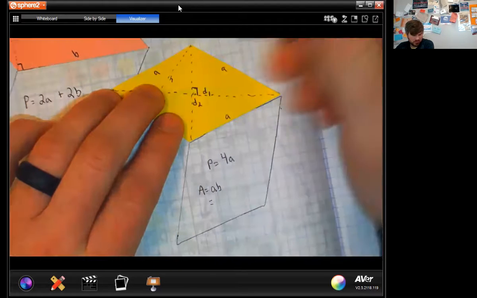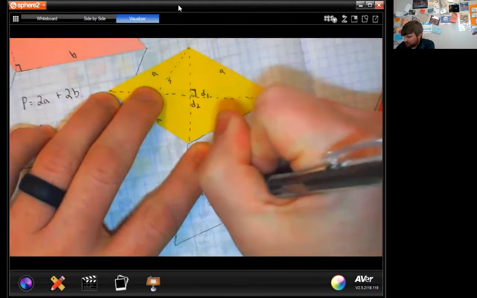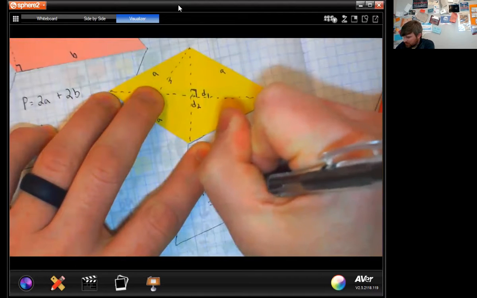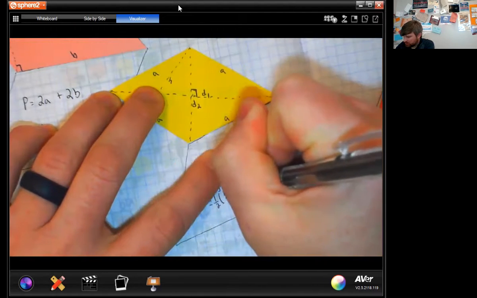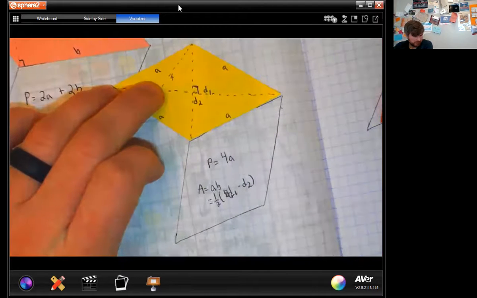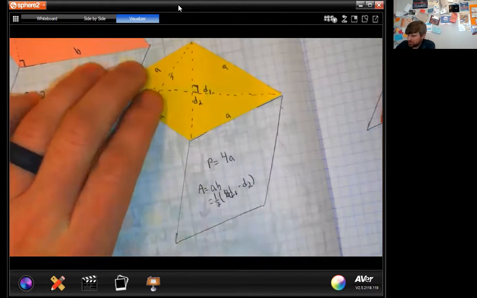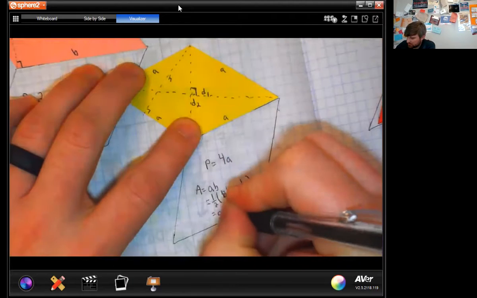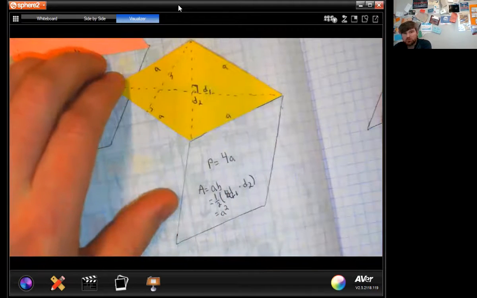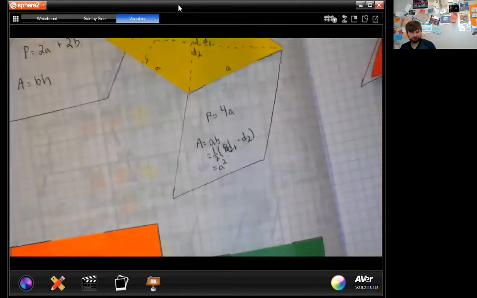And what we could do is kind of treat it as a triangle and take 1/2 your diagonal 1 times your diagonal 2. Okay. And what that ends up being is just A squared. Okay. So almost treated it like a square with all the sides being the same.